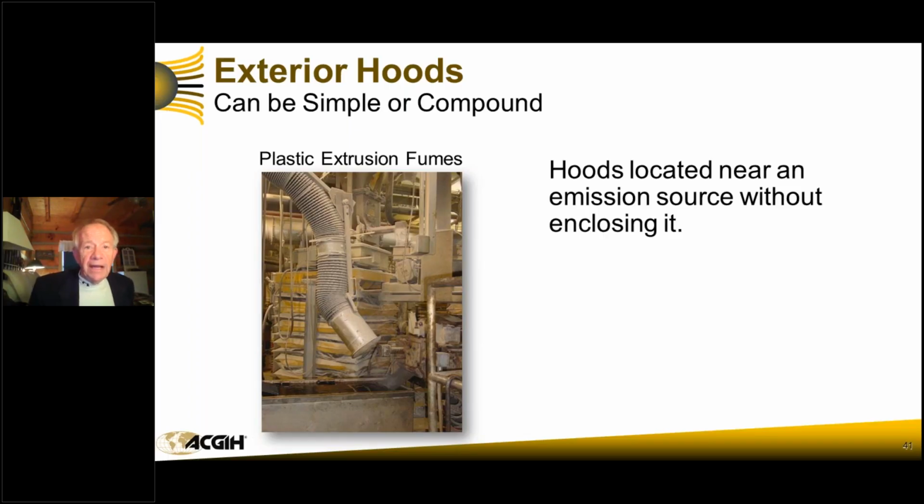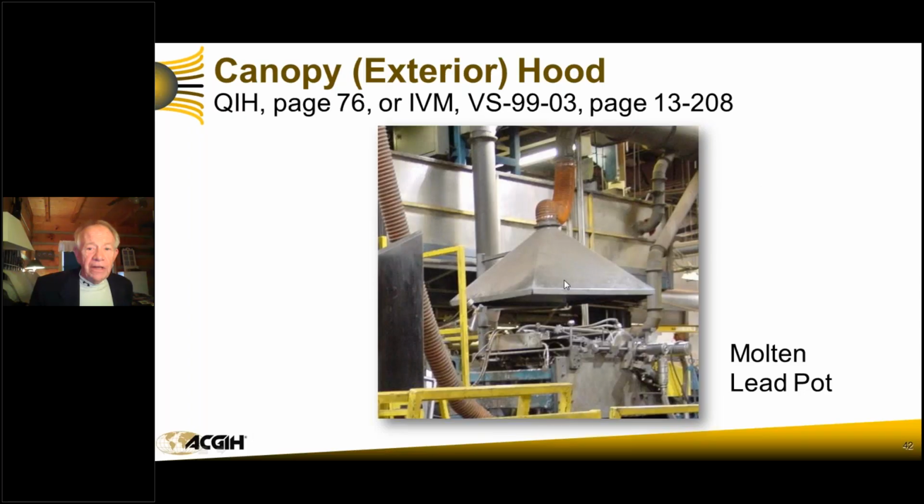So this is how that's used. Here's another type, canopy, exterior hood. This is an exterior hood that is located above the source. In this case, we only really recommend it for high heat sources, because it becomes a receiver hood, in that the hot molten fumes are being projected upwards into this.